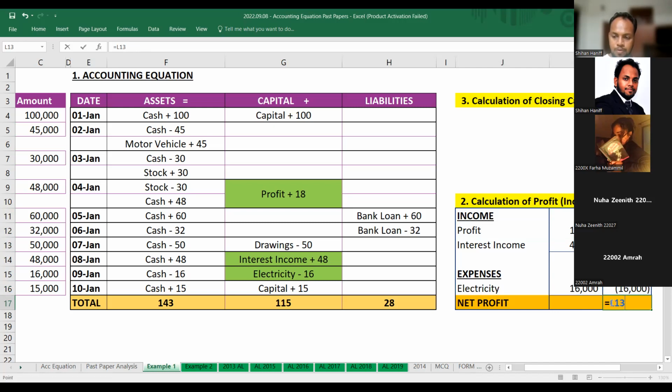So 50,000 net profit. Calculation of profit: 18 plus 48 minus 16 is the net profit. So we have to take what I have highlighted in green. Okay, still we are doing the basics.